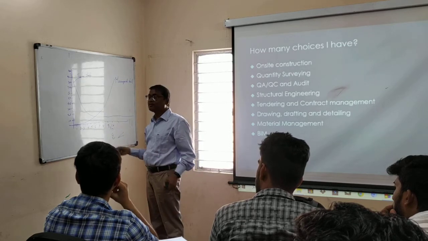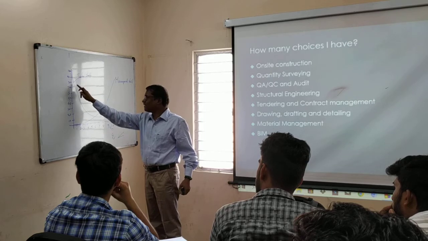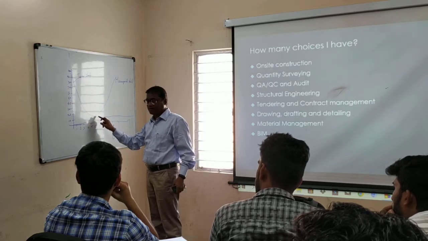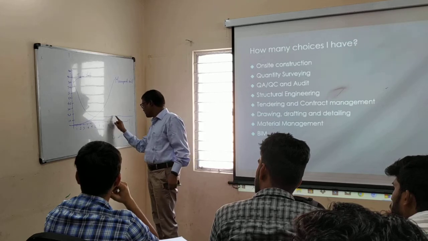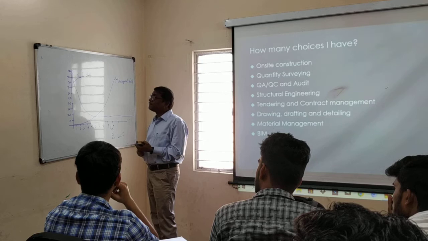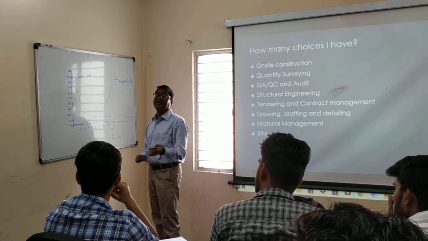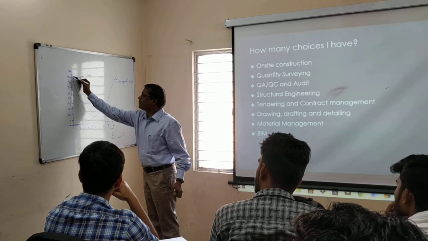And as you grow senior, your application of technical skill will keep on reducing, but it will never become zero. It will be constant at a minimum level, unless you have a different profession called R&D. For R&D people, this curve will be similar, but it will be something like this.